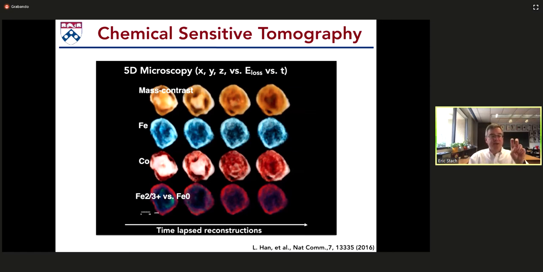We're using EELS to look at the iron and the cobalt, but also in the bottom, we're selectively looking at the ratio of the iron 2,3 versus iron in the non-reduced state, in the metallic state. And again, you see a preference for the outer shell having the Fe2+/3+ versus the inner part that's in the general metallic state, the FeO state.